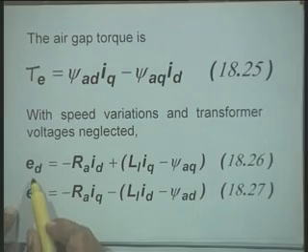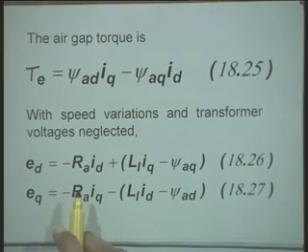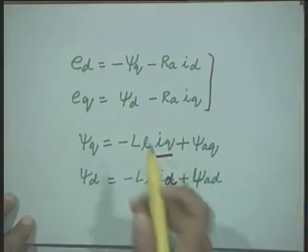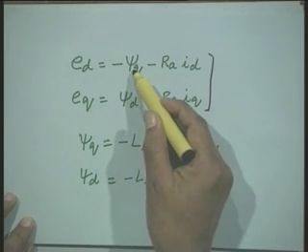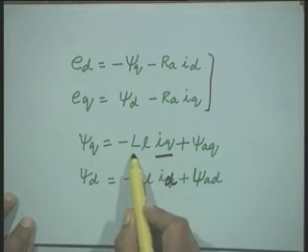Now, what we do is we write down the network equations, and then once we write down the network equations, we will be in a position to eliminate this E D and E Q. We write down the equation for E D and E Q, which were earlier written in this form, that is this psi q and psi d terms will be replaced by these terms.